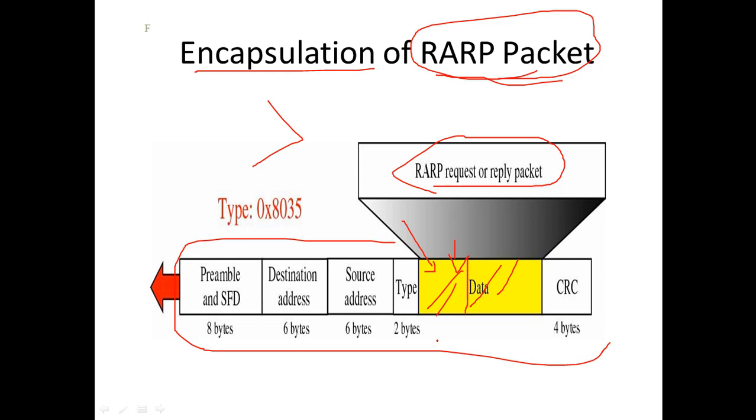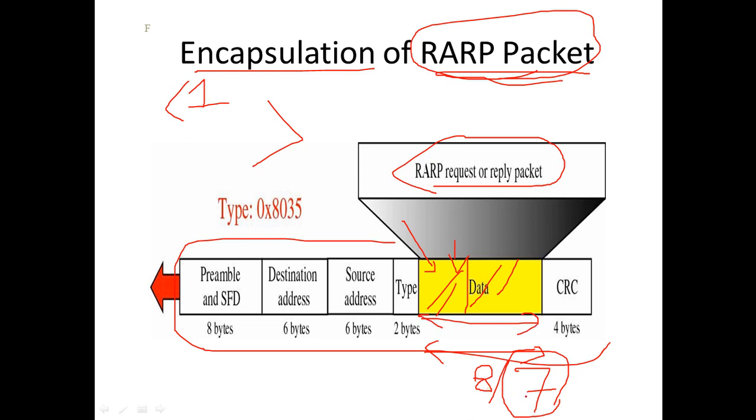If the data field is, let's say, 8 bytes, and you have 7 bytes of data, you have to prepare your RARP packet in less than 1 byte, because this is the rule for encapsulation: the combined data cannot exceed the size of the original field.